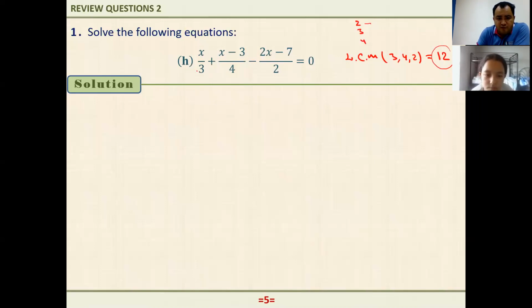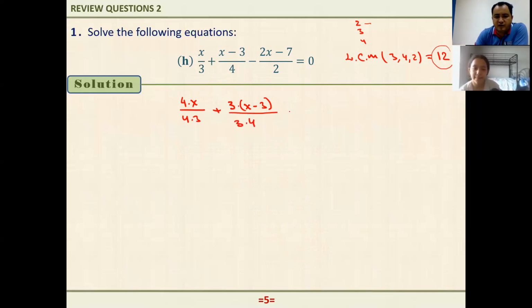To get 12 here, for the first fraction, we should multiply numerator and denominator by 4. So here we have 4 times x over 4 times 3, plus the second fraction, by how much? 3. So here we have 3 times x minus 3 over 3 times 4. Multiplying by the same number doesn't change the fraction.